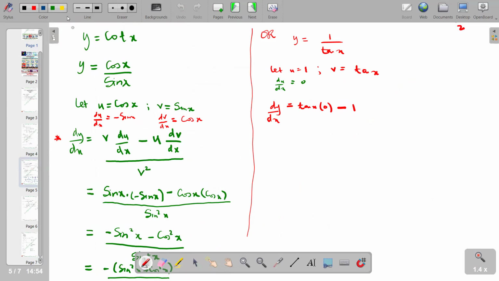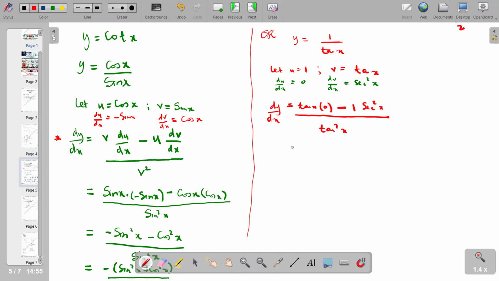So dv/dx is equal to sec squared x. So it's going to be 1 multiplied by sec squared x all over v squared. Our v is tan, so it's tan squared x.